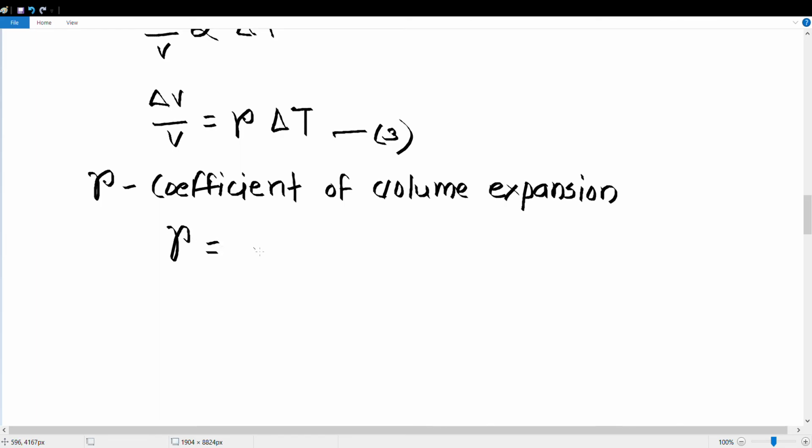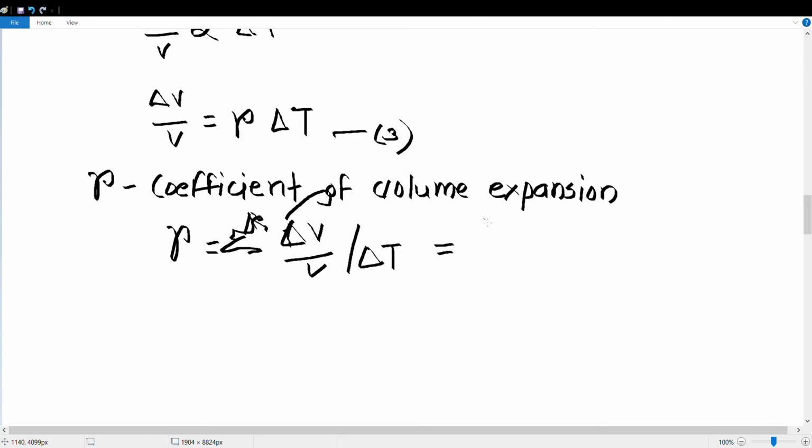We get gamma is equal to del V by V divided by del T. This is gamma.